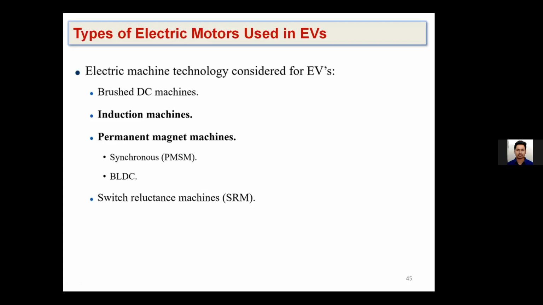But it has some drawbacks in terms of the commutator and brushes, which require maintenance because they generally wear out. That is a major criterion. And one more thing, the lifespan and the power density are relatively poor. That's the reason brushed DC machines are generally not employed for vehicular applications like EVs.